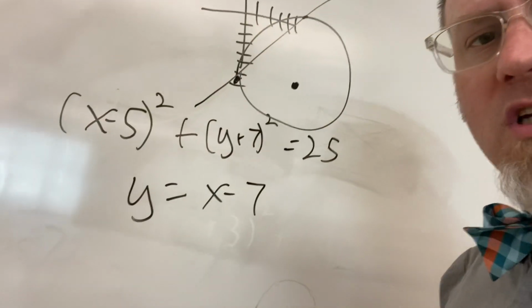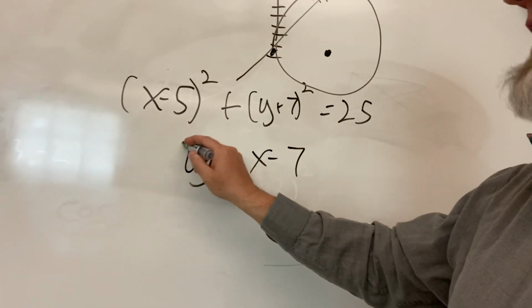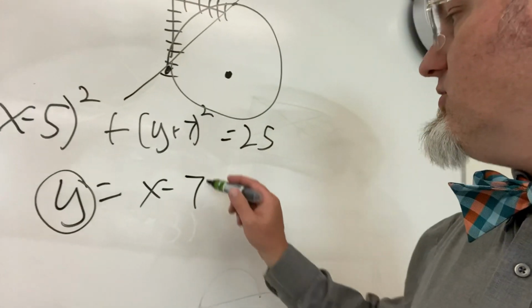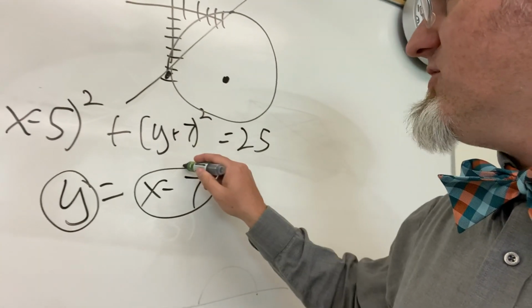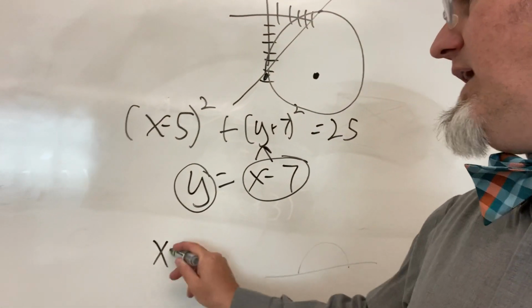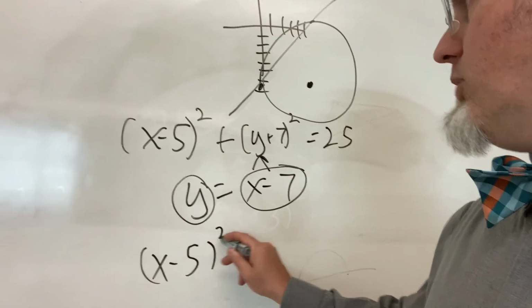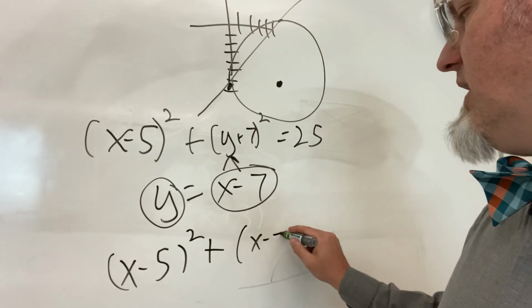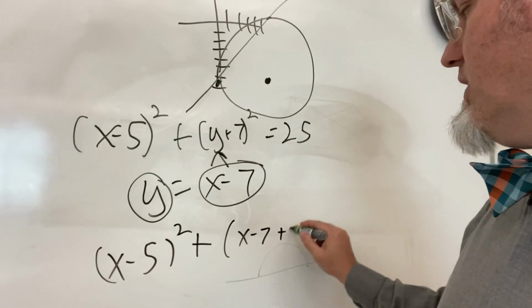What I would like you to do today is this. I know exactly what y equals. Y is equal to x minus 7. So I'm going to take this x minus 7 and I'm going to put it into this equation for y. So I have x minus 5 squared plus, instead of the y, I put x minus 7. I don't lose my plus 7.